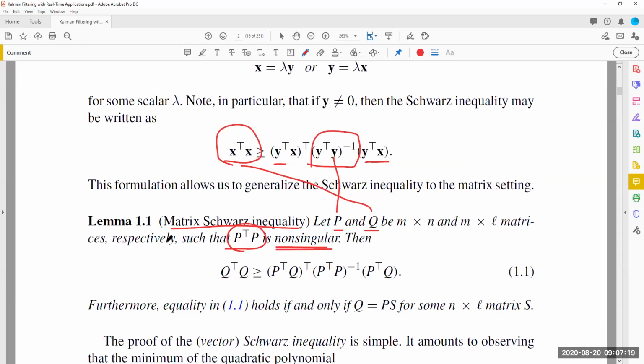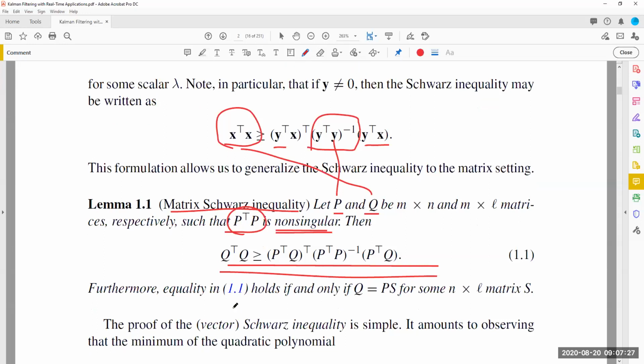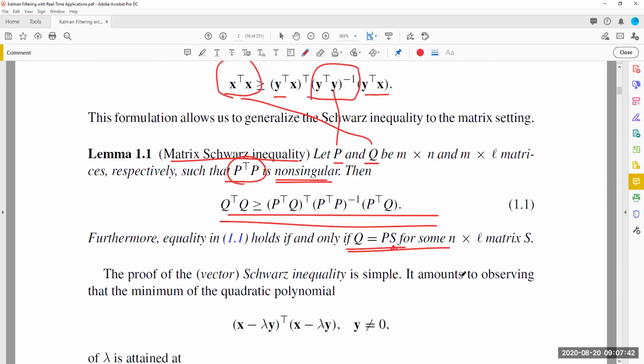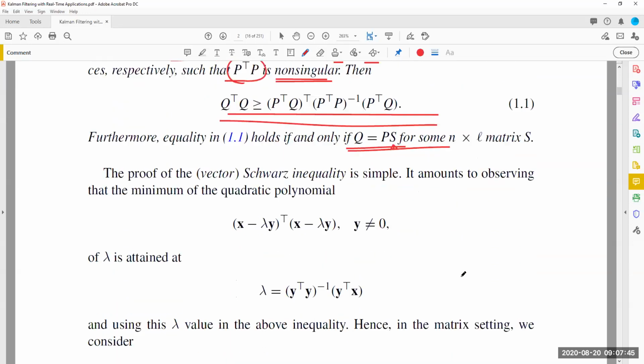Then you have the matrix Schwarz inequality in this form. This inequality becomes equality if there exists some matrix S such that Q is equal to P times S. I'm not talking about the proof, so you can look at the proof by yourself.